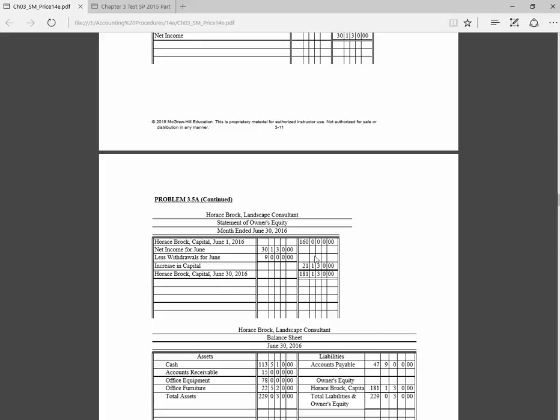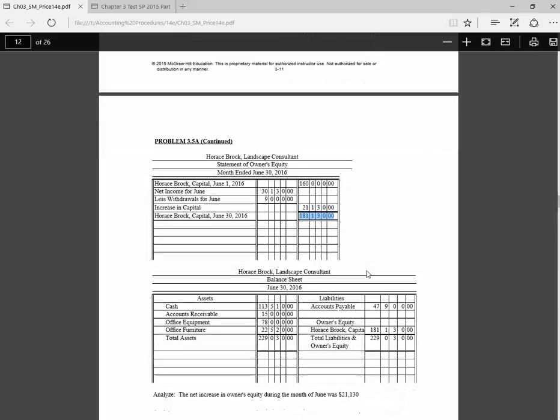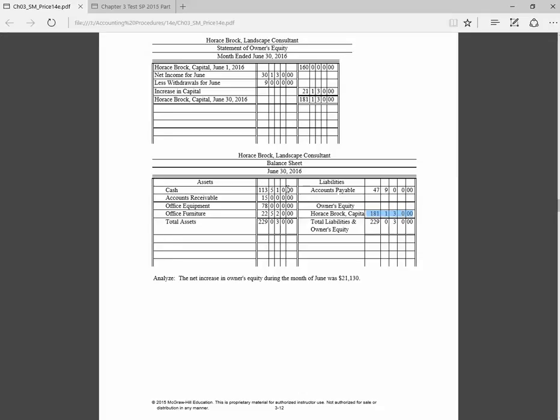And then we add those two together to get our new capital for the end of the month of June. This number showing the new capital then is dropped into our balance sheet. Okay, the rest of the numbers on the balance sheet came straight off your trial balance, straight off those accounts that we were doing.